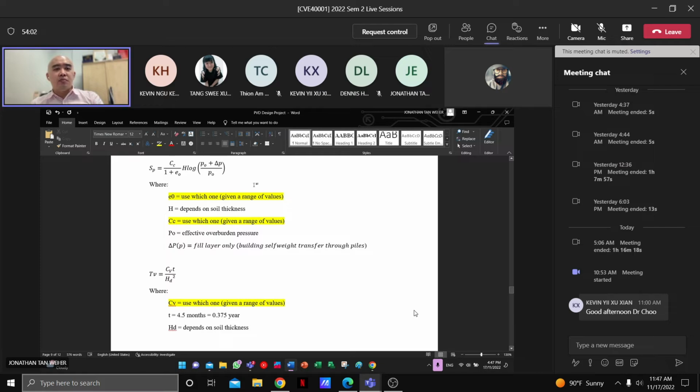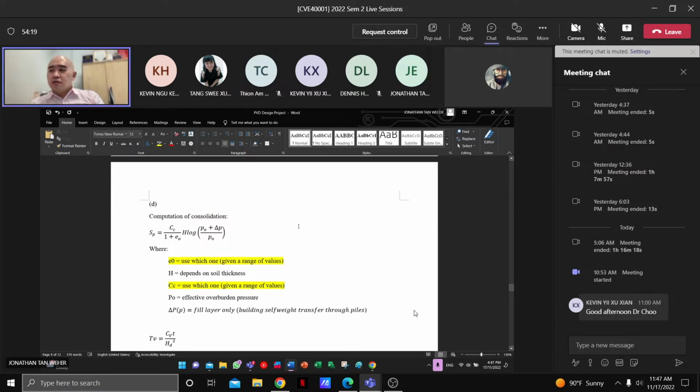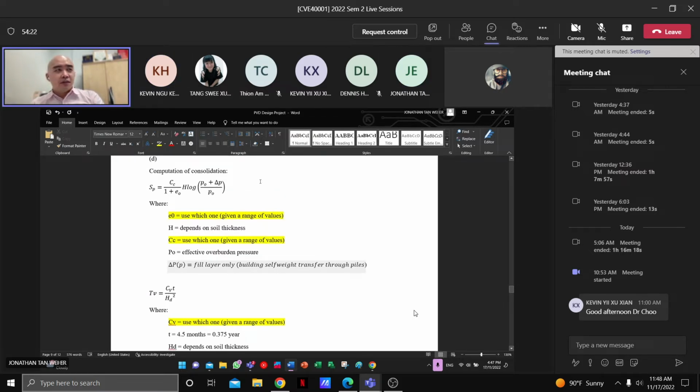So when you calculate your PP later, that delta P in your equation should be the field layer only. And the same thing goes for your preloading. Okay, if nothing else, that's all from me.